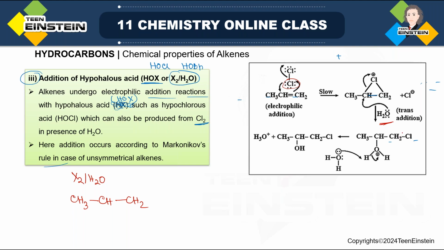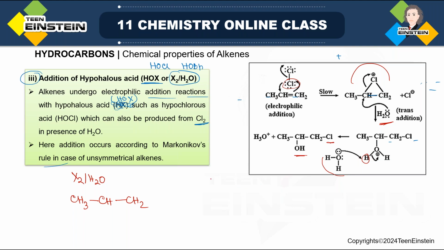The same thing you have also seen in the previous mechanism, when it is HOX. But it will be opposite addition or trans addition, you can call it anti-addition, because this side is already blocked. And water is added. Now oxygen is positively charged. Another neutral water molecule can take this extra hydrogen, and ultimately you are getting OH and Cl.